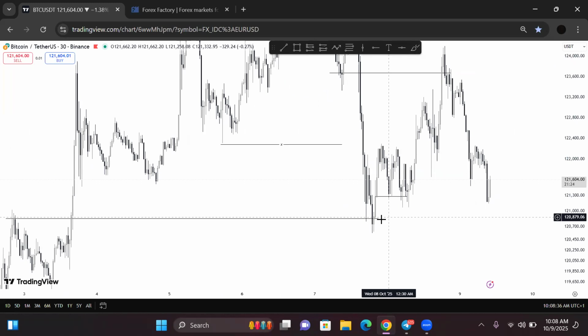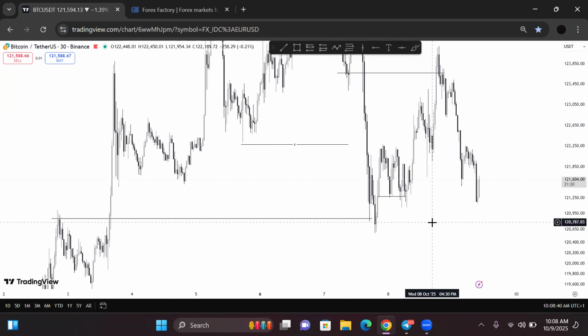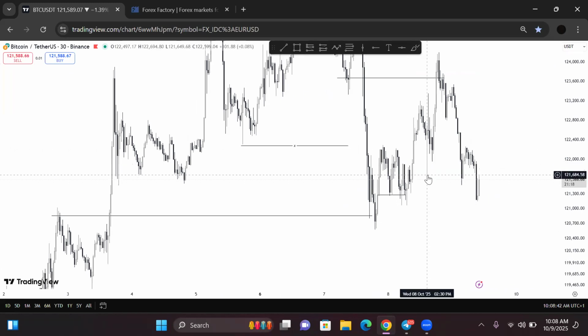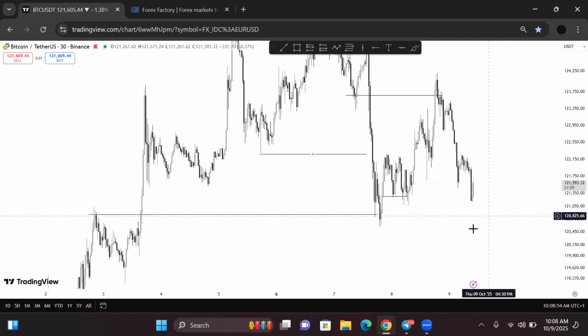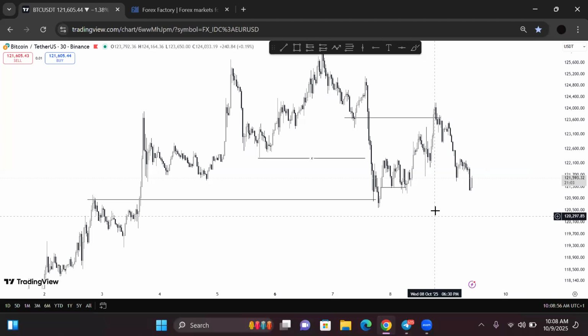I'm seeing a zone here, and the market can trade from it. So for now, I'll just wait.